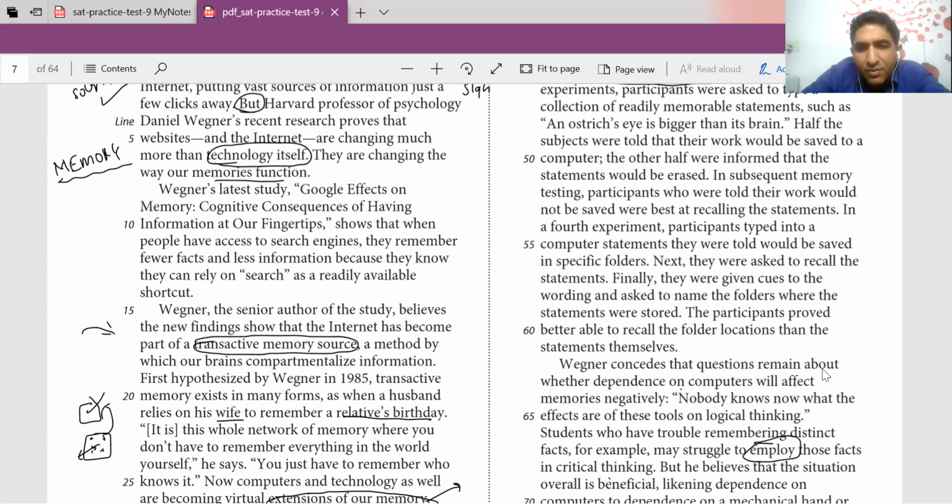Wagner concedes that questions remain about whether dependence on computers will affect memories negatively. So this is an unanswered question. Nobody knows now what the effects are of these tools on logical thinking. Students who have trouble remembering distinct facts, for example, may struggle to employ those facts. So they are talking about facts. Employ those facts would be like use those facts in critical thinking.